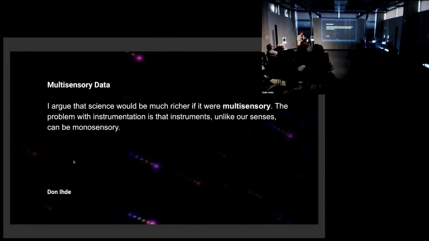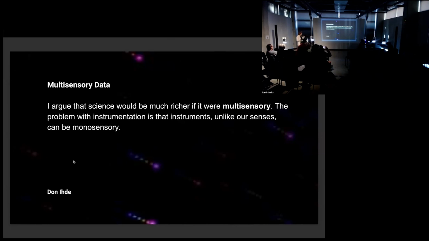But also from the scientific perspective, multisensory data are becoming more and more important because the instruments have become very advanced. This is a quote from the 1990s, before remote sensing and many other instruments, but still by a quite quoted author, who argued that science would be much richer if it was multisensory.